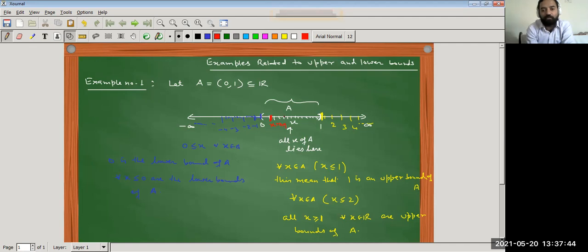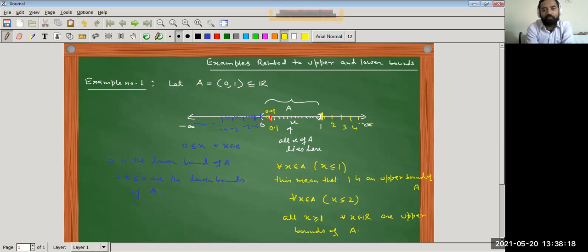The answer is no, because we can find a number. Even instead of 0.9 we can take 0.1. So 0.1 is not a lower bound of this set A, because there exists a number 0.09 which is less than 0.1.